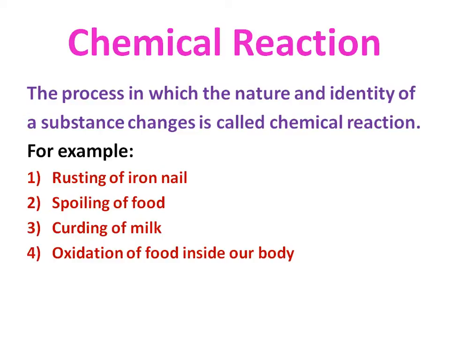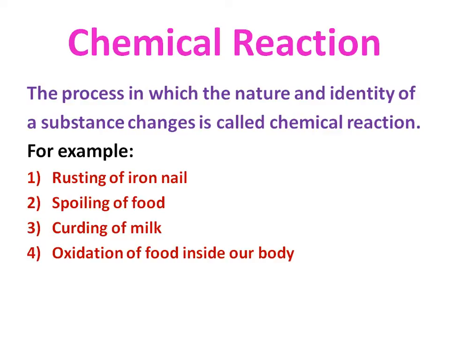A chemical reaction is the process in which the nature and identity of a substance changes. For example, the rusting of an iron nail, spoiling of food, curding of milk, and oxidation of food inside our body, all these are chemical processes. Besides these, there are a number of activities going on in our surroundings.